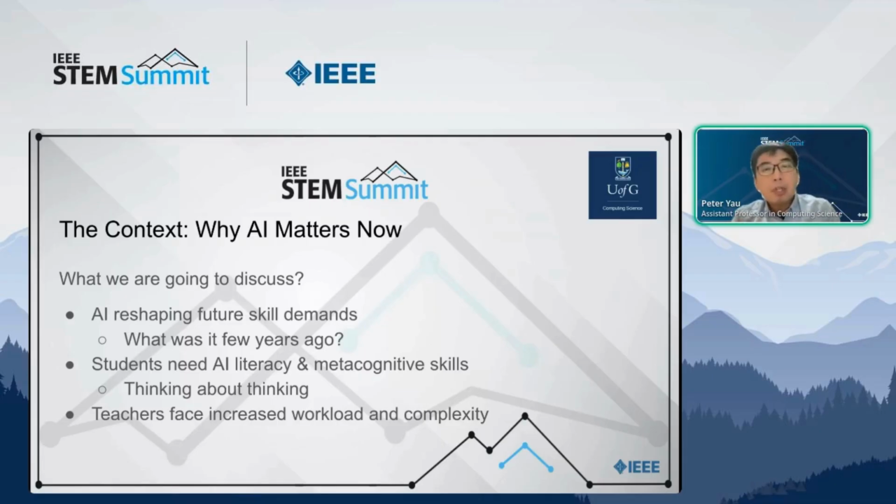So sometimes we think students need some kind of AI literacy, and we talk about metacognitive skills. What is it? Many people talk about AI, but we don't only talk about programming technologies, how people do the coding.